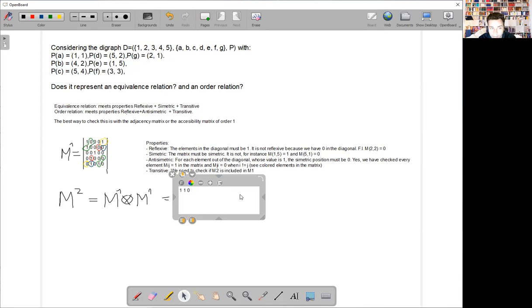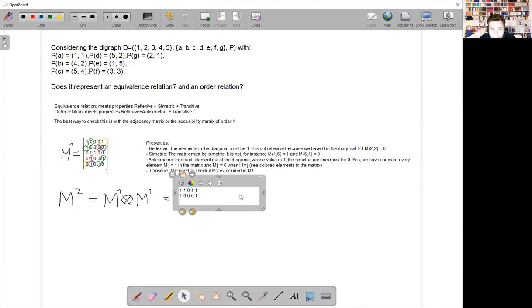The first row by the fourth column, we get a 1, and the first row by the fifth column, we get another 1. We go to the second row, we multiply the second row by the first column, the second column, the third, the fourth, and the fifth column.